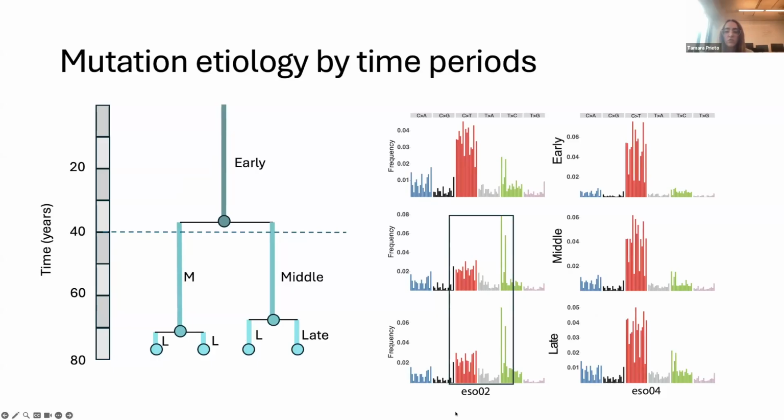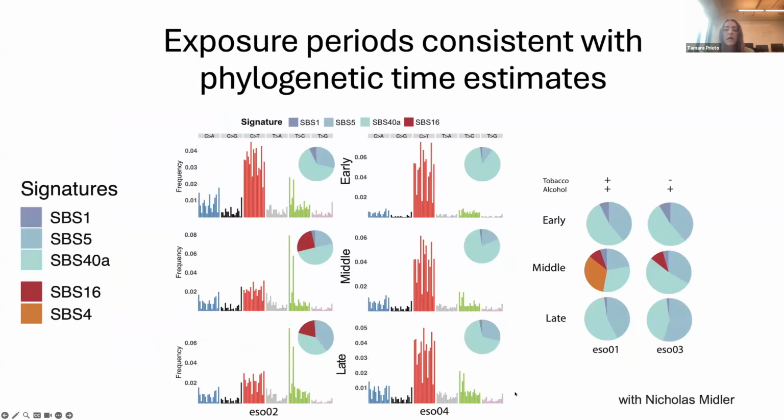And as you can see, these two donors show different profiles, but also different time intervals show mutations likely due to different etiologies. And if we fit these profiles to COSMIC signatures, we detect different clock-like signatures present across all donors and time periods, indicated in green and blue colors, but we also detect signatures SBS4 and SBS16, previously linked to tobacco smoking and alcohol drinking, only in the donors that had a history of doing so and during the periods that they self-reported it.